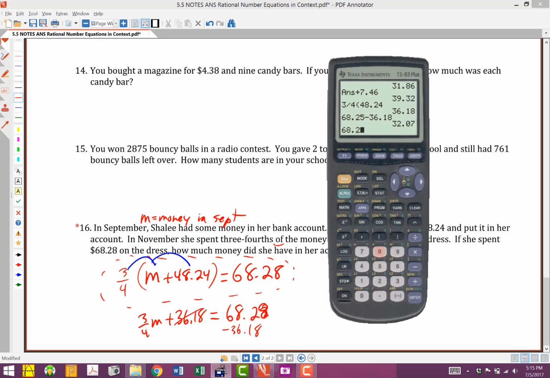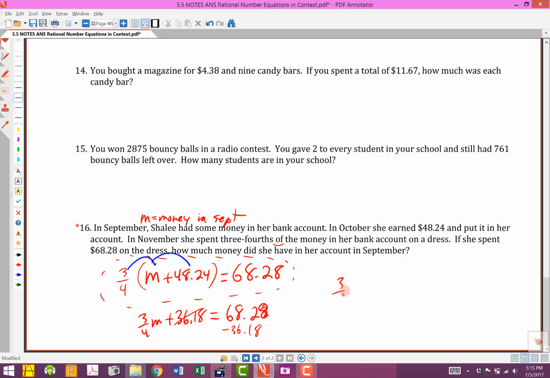So 68.28 minus 36.18 is $32.10. So I'm going to write 3/4 M equals 32.10, and then we're going to get rid of the 3/4 by multiplying by the reciprocal, 4/3. Those are going to cancel.